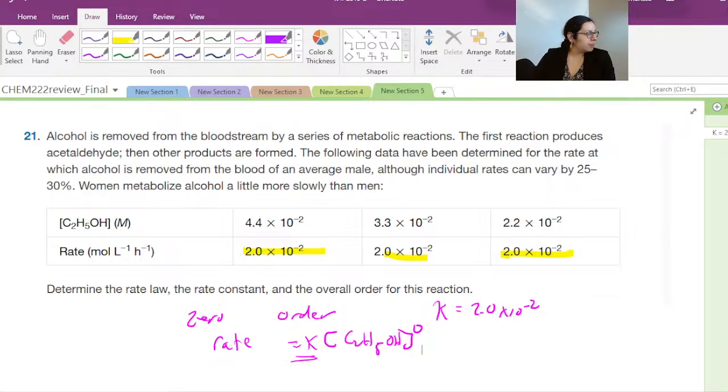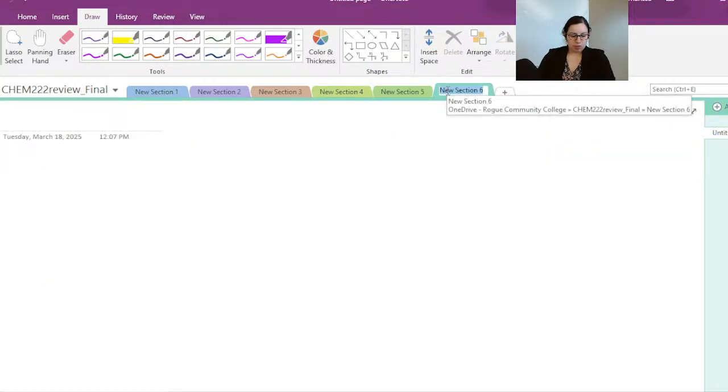Let's try one of our Arrhenius equations.